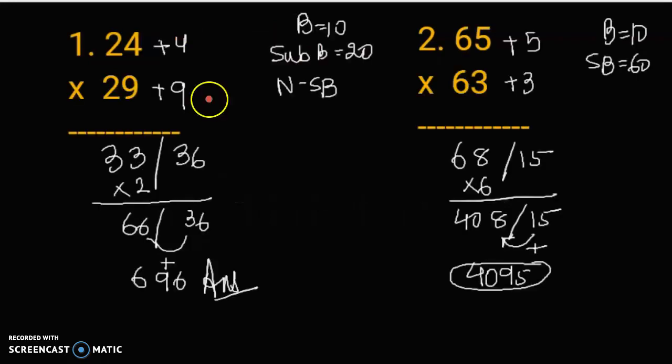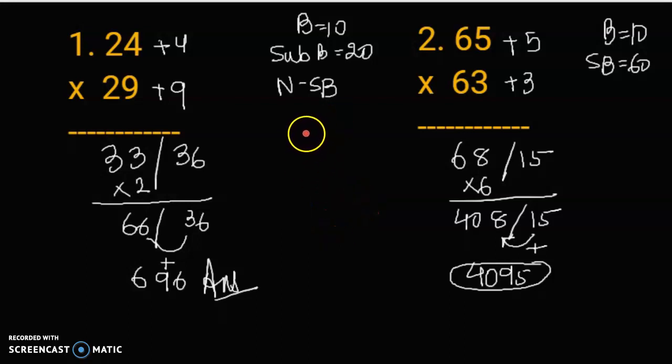Let us now take a look at question number 1, 24 times 29. We can see that these numbers are close to 20 or 30. Numbers like 10, 100, 1000, as we learned earlier, are called bases.